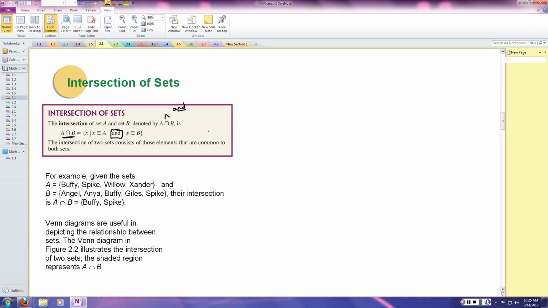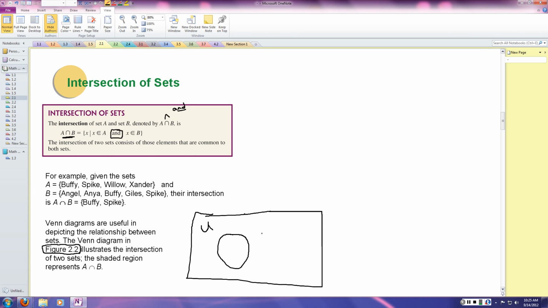So if I look at the Venn diagram, and this is figure 2.2 in your book, and I didn't copy it from the PowerPoint, but you can see that, and it's pretty straightforward. If I have the universal set, this is the universe, and I have a set A and a set B, then the middle here is going to be the intersection.